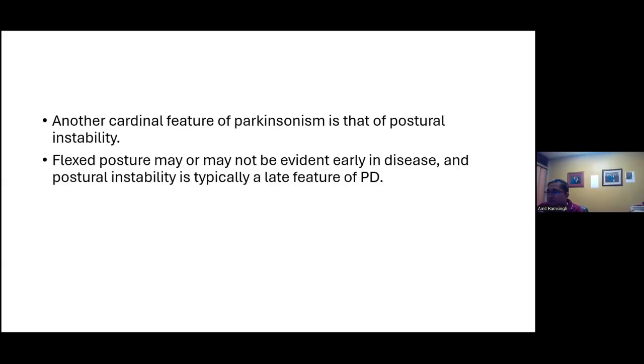Another cardinal feature of Parkinsonism is postural instability, as well as a flexed posture, which may or may not be evident in early disease. Postural instability is more of a late feature of Parkinson's disease, as opposed to one particular Parkinson plus disease, which we'll talk about.